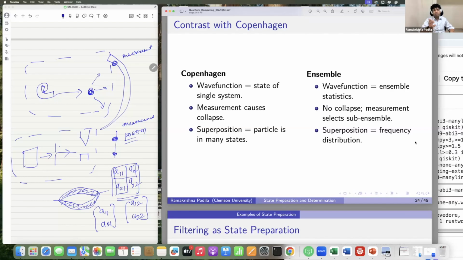Some of you shared some videos which I didn't watch, which I will watch. But most of these videos are based on the Copenhagen interpretation, saying things like the electron is interfering with itself, or that the cat is both alive and dead, and hype up quantum mechanics in some fashion. Quantum mechanics has a lot of useful features.